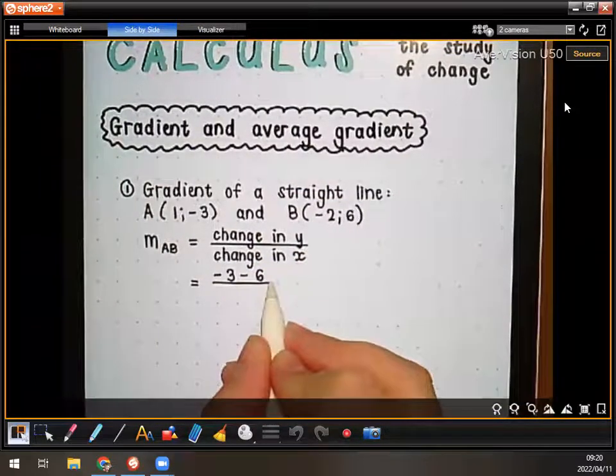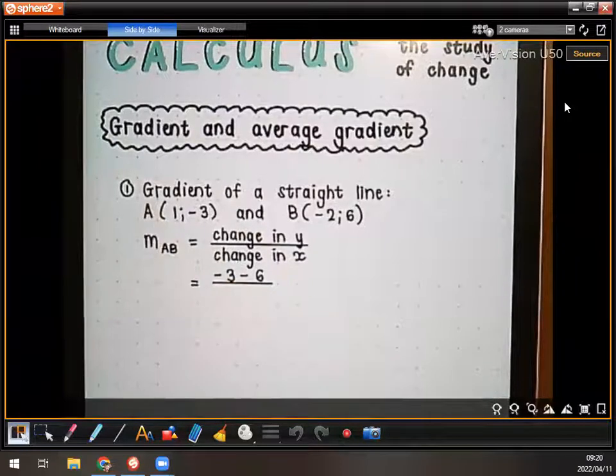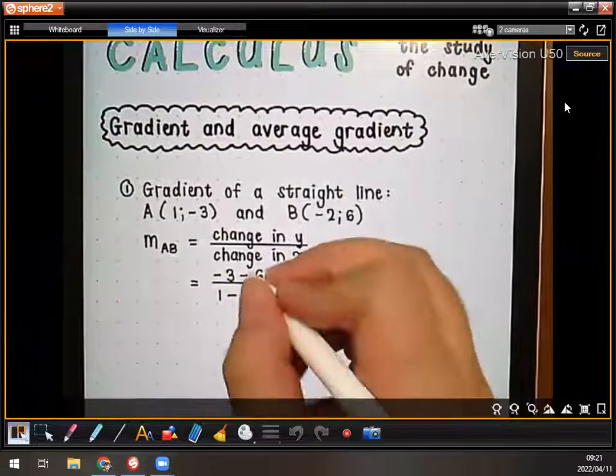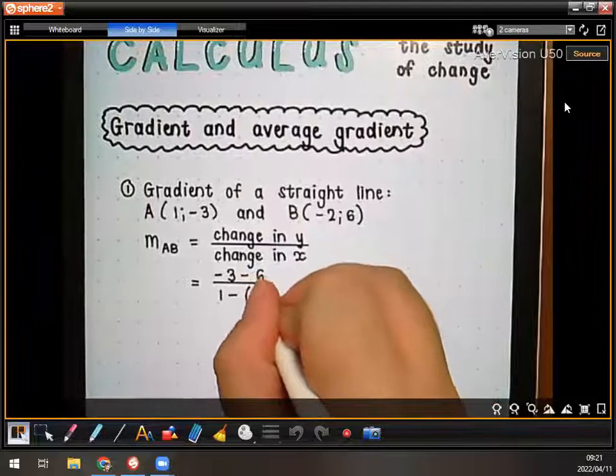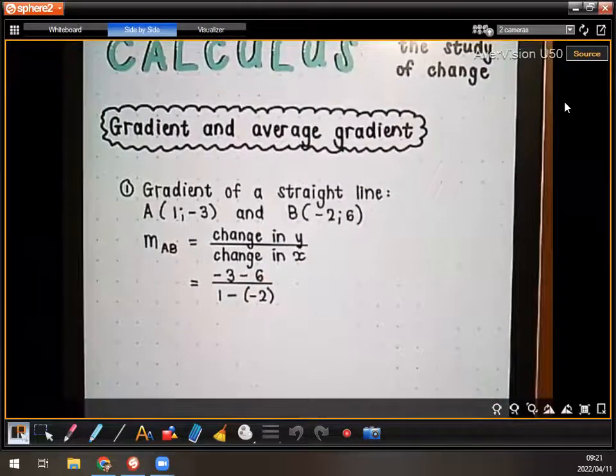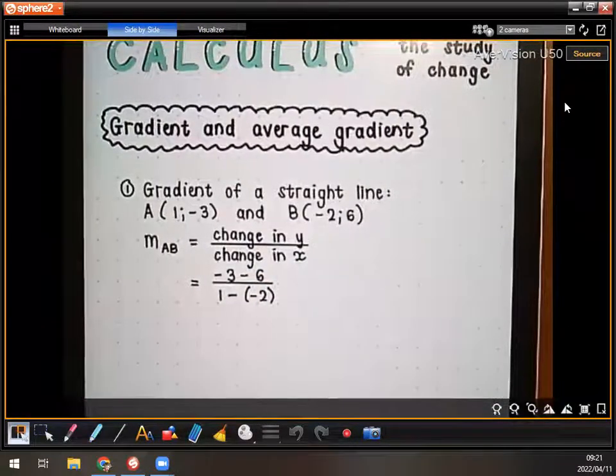Over, now if we started with the y value of A, we also have to start with the x value of A. You have to use the same coordinate in the first part always. So we take the x value of A, which is 1, minus the x value of B, which is -2. So you would say minus -2, or you can add 1 plus 2 if you want, that's just fine.